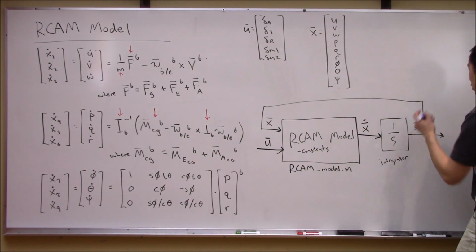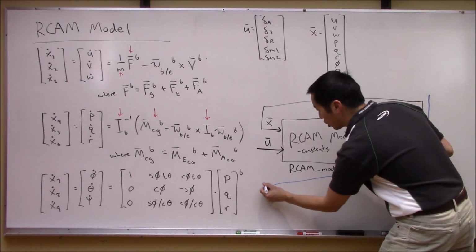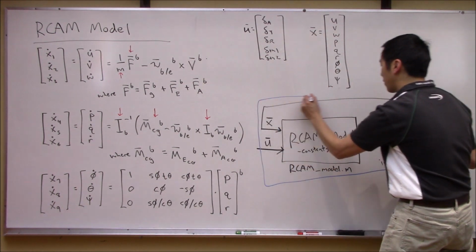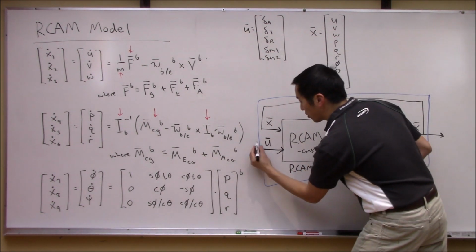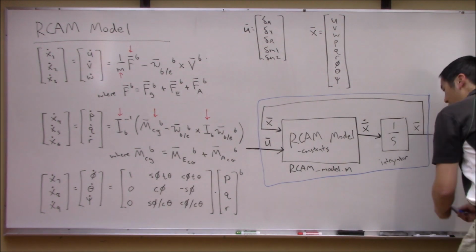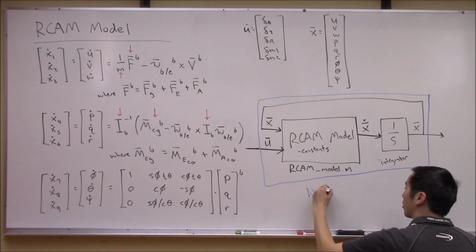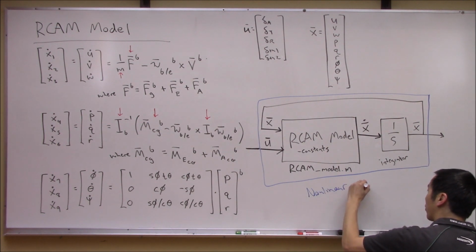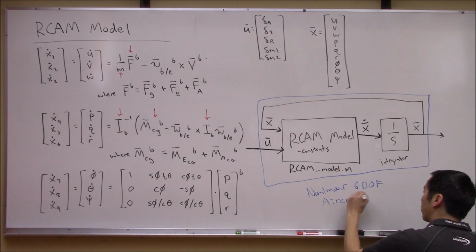So if I were to just outline this maybe in blue, like such. And maybe what I'll do is let me pull this vector a little bit further out. So now, this thing in blue is the non-linear 6 degree of freedom aircraft simulation.